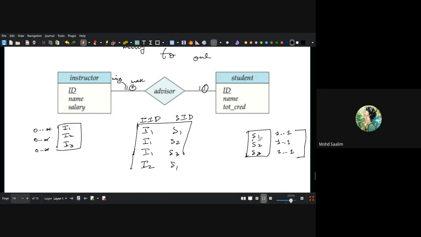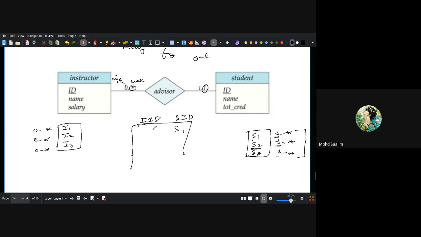Understanding this is the essence. So this S1 has this minimum one threshold, S2 also has this minimum one threshold, and S3 also has it. Let's forget the maximum for now and just focus on the minimum. Let's say the maximum is star, as many as you want. So your advisor relationship must contain S1, S2, S3 at least once.